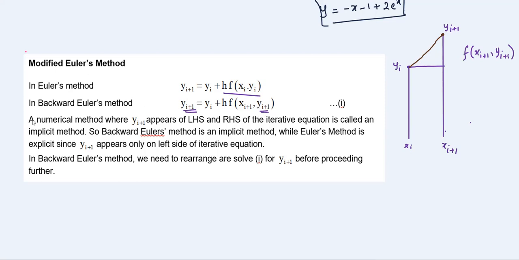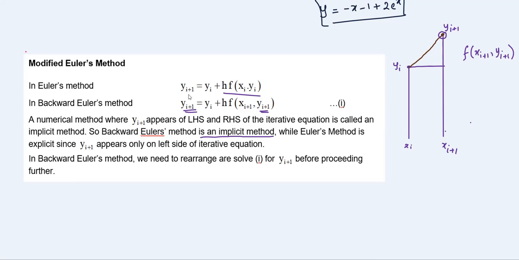So this is called backward Euler's method because I am using the slope at yi plus 1, and this is an implicit method. Why do we say implicit? I want to solve for yi plus 1, but the same yi plus 1 comes in the step that I want to solve.